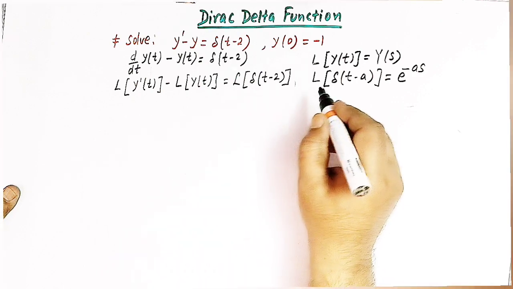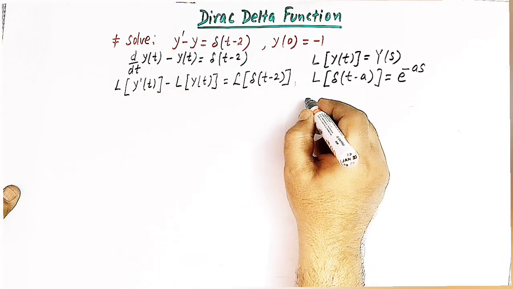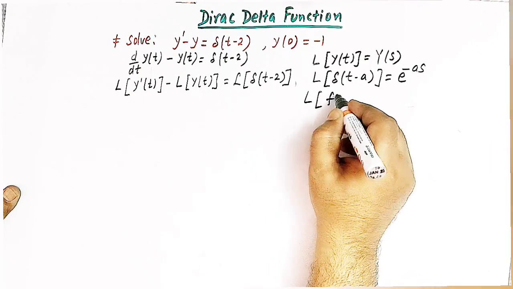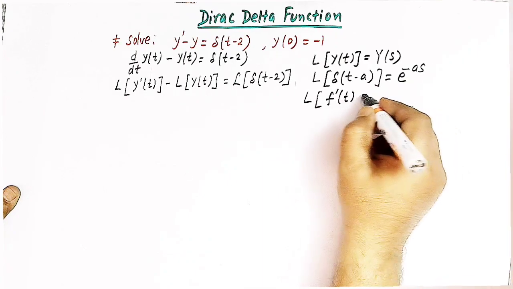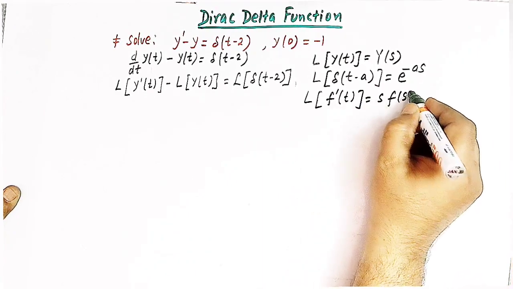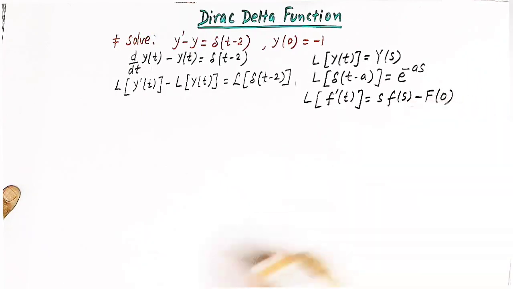And one more result from the derivatives of Laplace transform, we know that L of f prime of t is given by s times F of s minus f of 0, right?